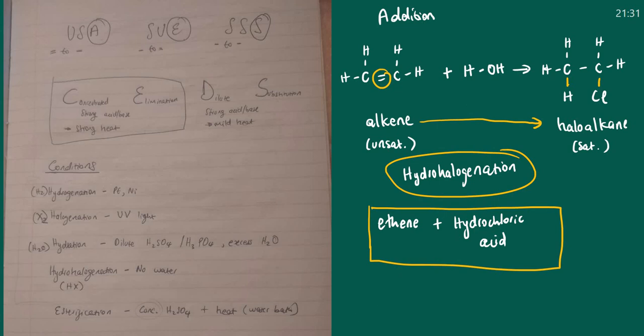So in a similar fashion, it's going to come there. H is gonna go there, and then you're gonna have OH going this side, right? Then what have you formed? This is not a haloalkane because you don't have a halogen, but instead, because you have OH, what did we form? An alcohol. Yes, an alcohol.